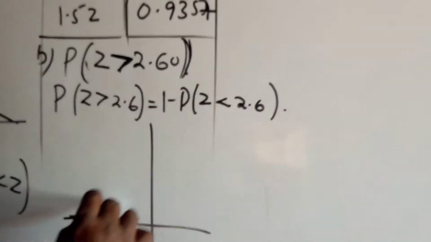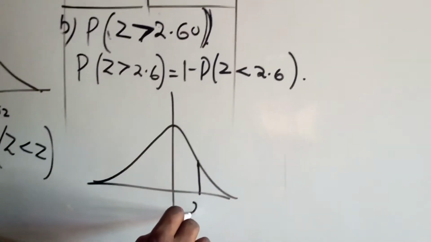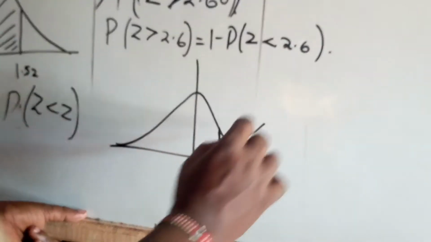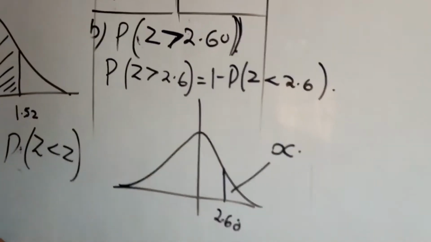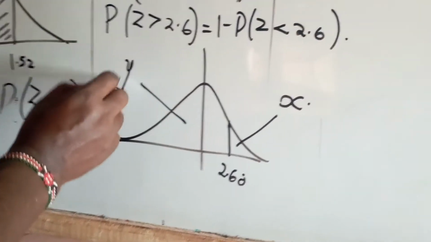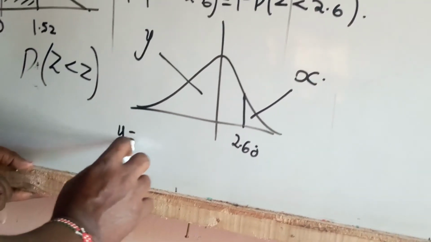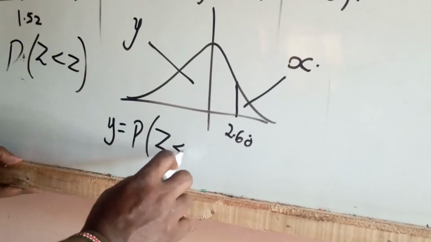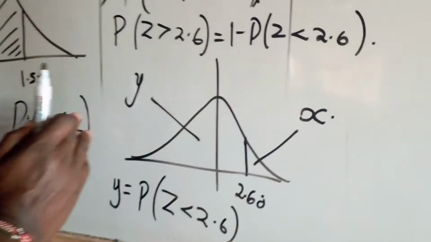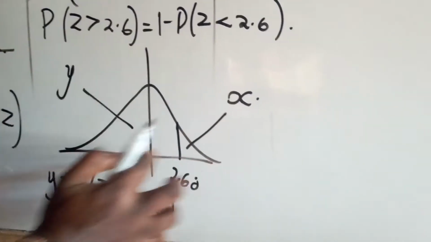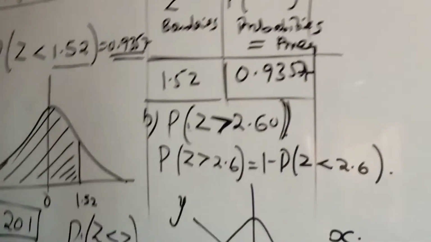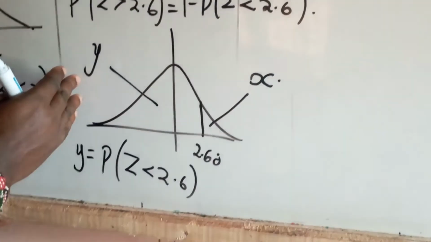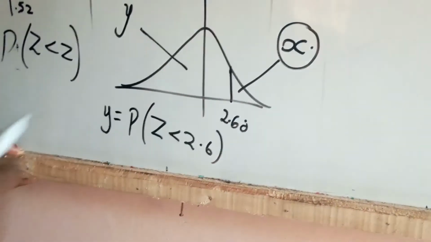Because we are identifying that region that looks like this, and this is 2.60, and we want that area, call it X, but because the table in page 201 does not give us that, then we will have to find this area Y, which is given by Y equals the probability of Z less than 2.6, because now it is to the left. So the whole of the area of the model is 1, then minus what we have on the left, so that we are left with what we are looking for.